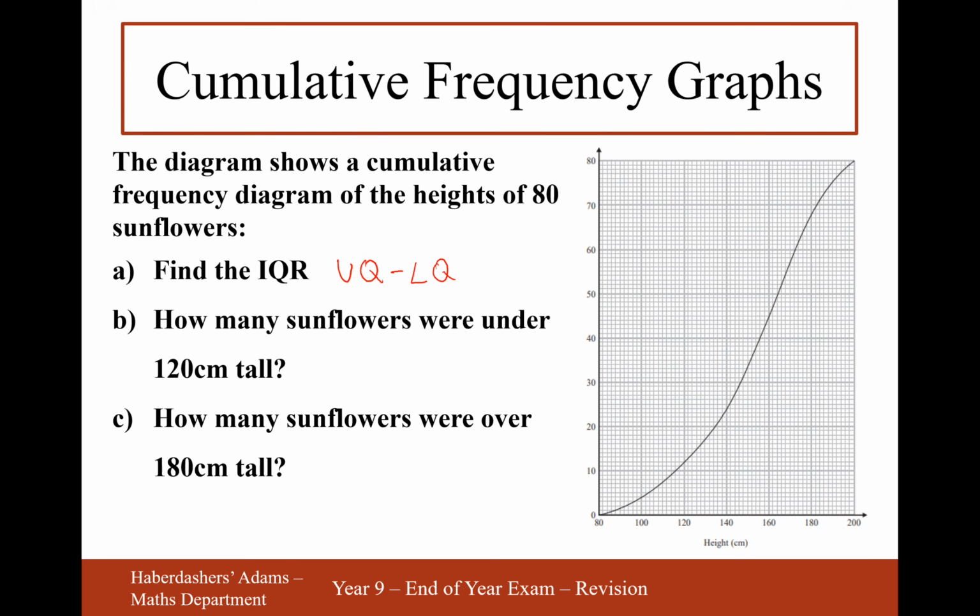If I've got 80 pieces of data, then I'll need to go to 60 for the upper quartile. Gosh, that's a tiny box there. And that for me is at 172. And the lower quartile will be at 20.